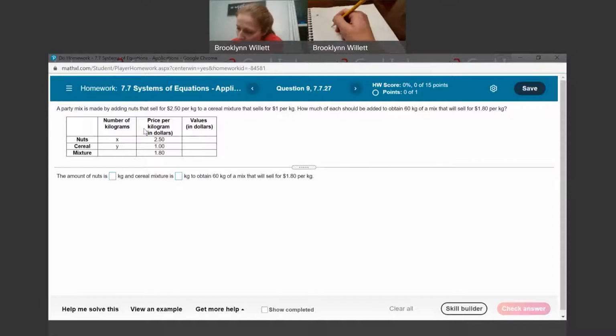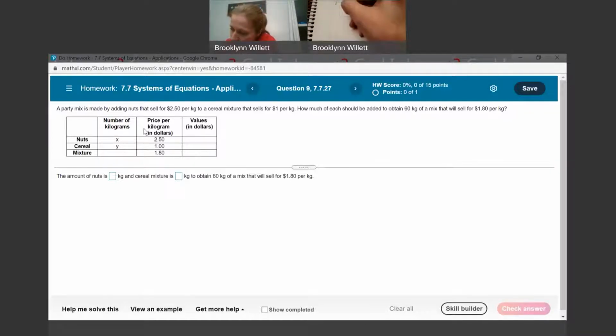And then the table, the left column is total kilograms, middle column is price per kilogram, and the right column is total value in dollars for the whole thing.